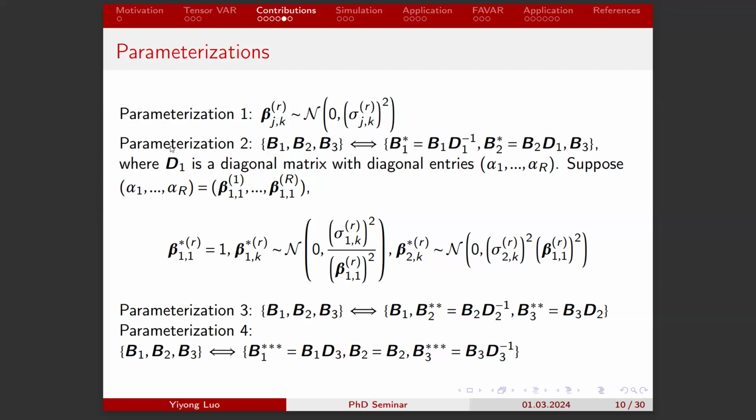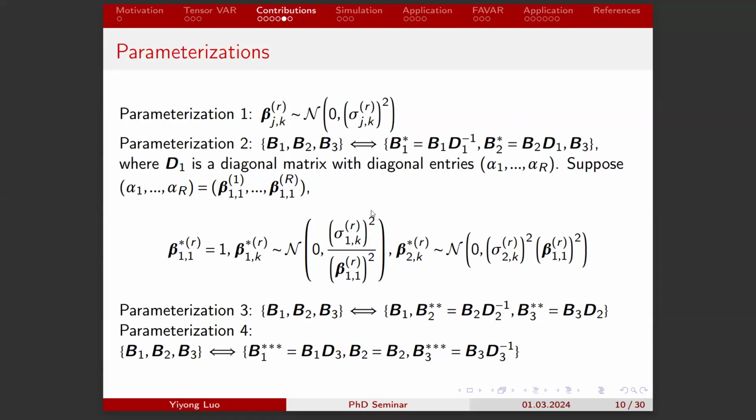So what can we choose for this B1? There are actually infinite choices for the diagonal terms of B1, but let's set it to be the first row of B1. So then the first row of B1 star will be just 1. And the rest of the elements in B1 star follow this prior.